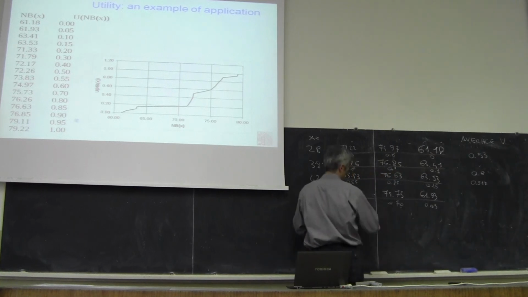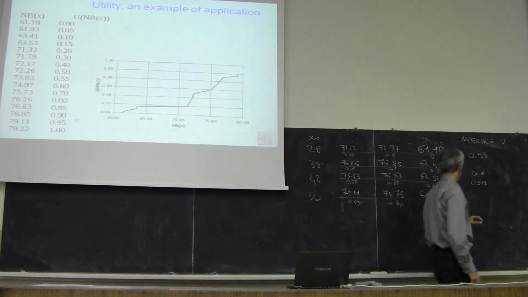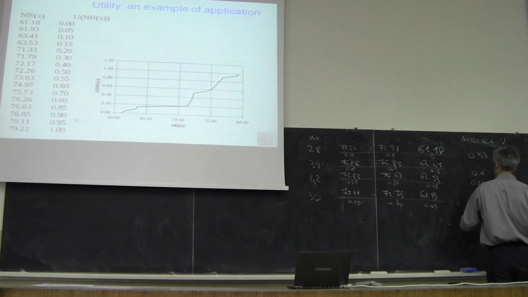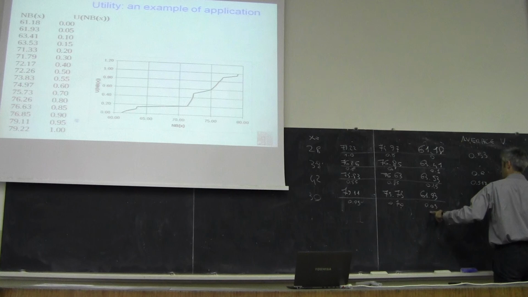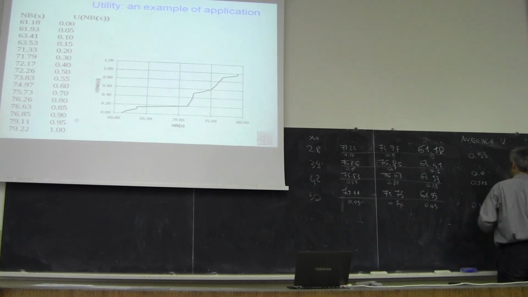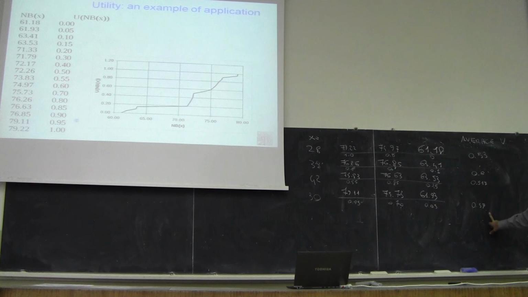And here we have 1.7 divided by 3, which means 0.567. Let me make a correct computation.